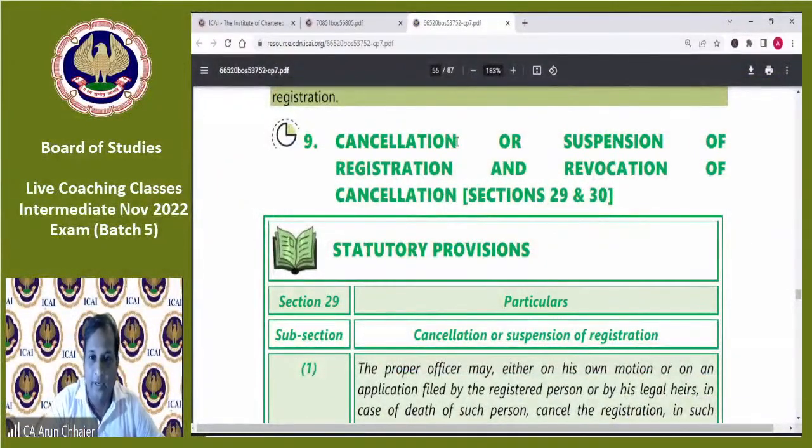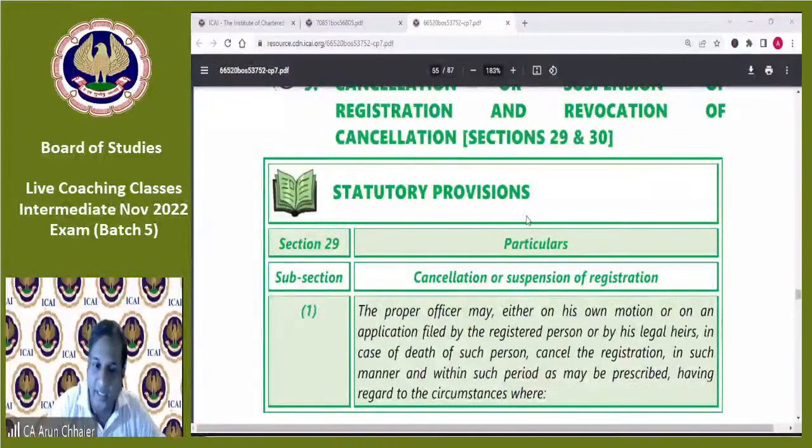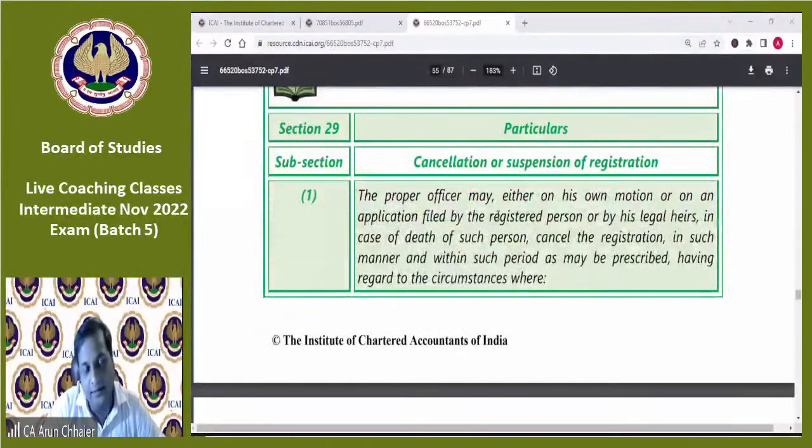So now we are starting with section 29, cancellation or suspension of registration and revocation of cancellation. In which we will first talk about section 29, cancellation.